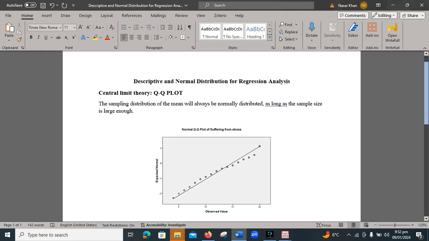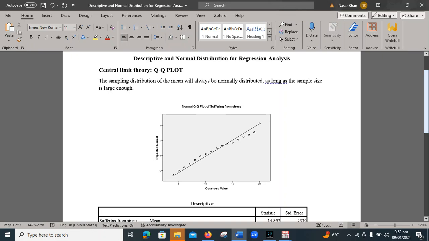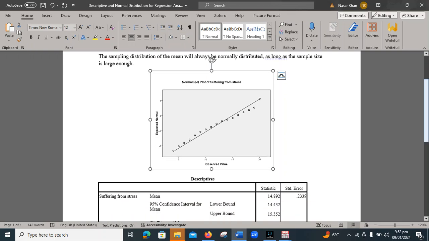Okay, now just see this. Central limit theory, you can interpret the finding like this. I have copied it here. In the Q-Q plot, this line is the straight line at a 45-degree angle, while the dots on it are the data. So the normal distribution requires a simple interpretation.